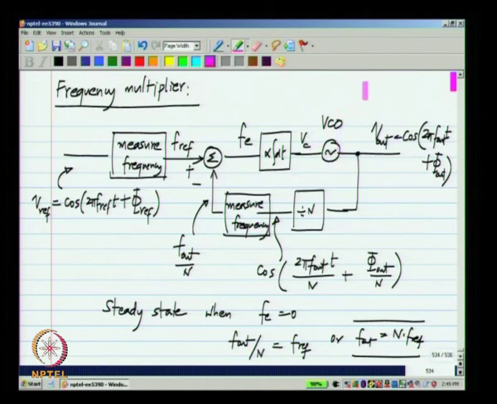You may have heard about the VCO, and later in this course we will see some examples of how to make the voltage controlled oscillator. So, we will assume that this can be made. And how do we make this frequency divider?